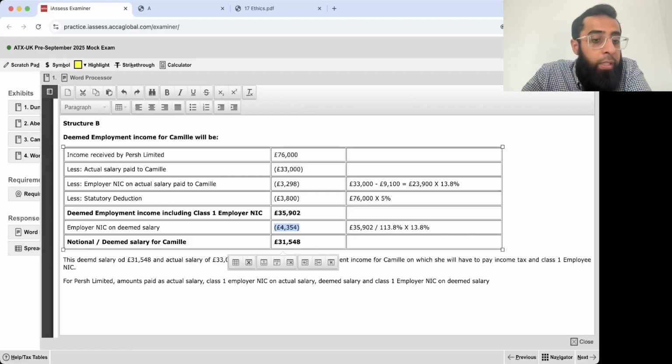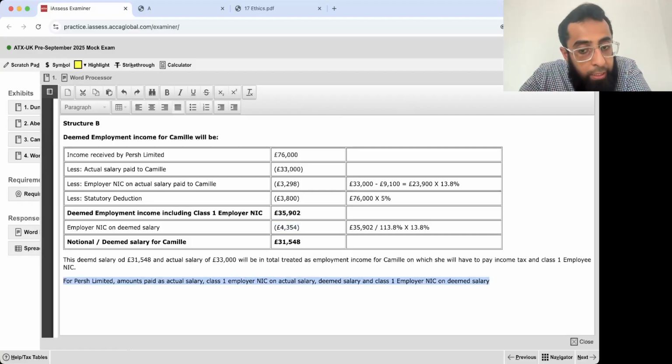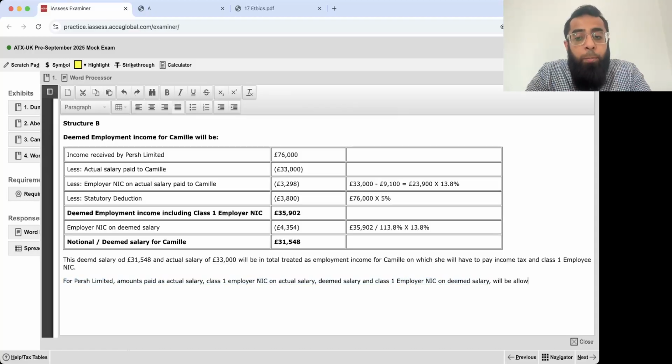Amount paid as actual salary, class 1 employer NIC, deemed salary and the employer NIC on deemed salary will be allowed expenses from corporate tax return.